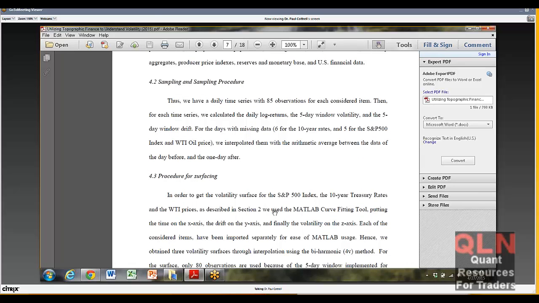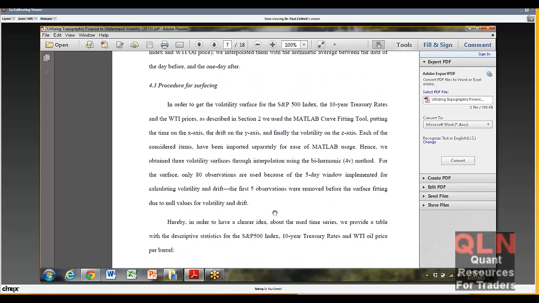Okay, for the surfacing part of it, we use MATLAB. We use the curve fitting toolbox, and we loaded each of the data sets into the workbench. By going into the curve fitting toolbox, you can define your X, your Y, and your Z axis.